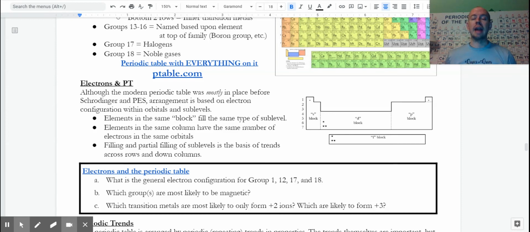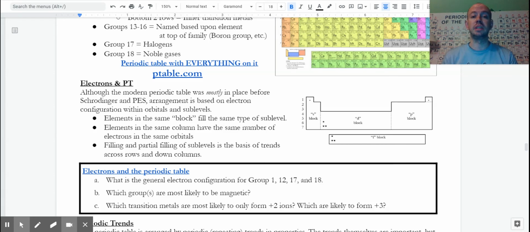So although we are not expected to know every possible weirdness, we should be expected when presented with something to be able to explain it or to be able to connect to what other elements may have similar properties or may have similar either exceptions or similar trends that are significant.